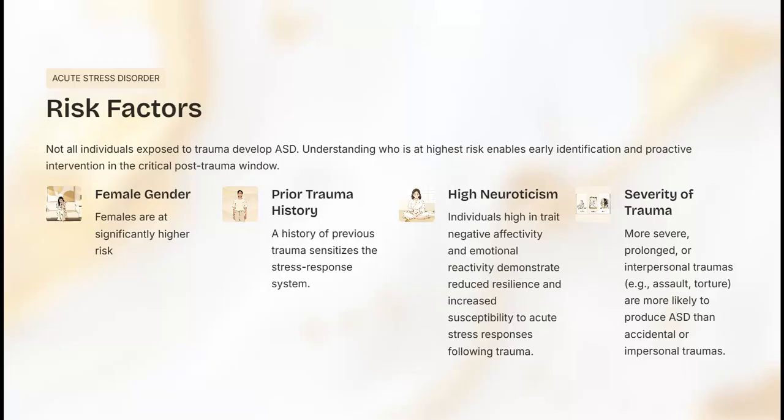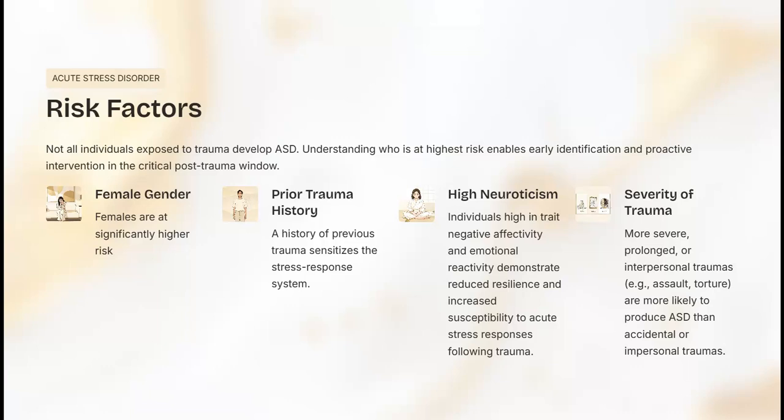Prior trauma history: previous trauma essentially sensitizes the nervous system, so each new traumatic exposure compounds that risk, and cumulative trauma dramatically increases the likelihood of acute stress disorder. High neuroticism: people with high trait negative affectivity and emotional reactivity are more vulnerable. They have less built-in resilience and react more intensely to stress.